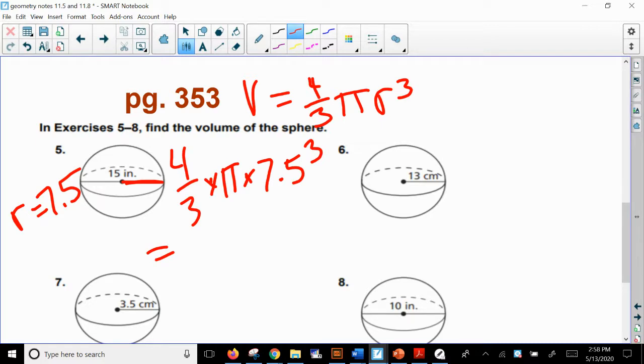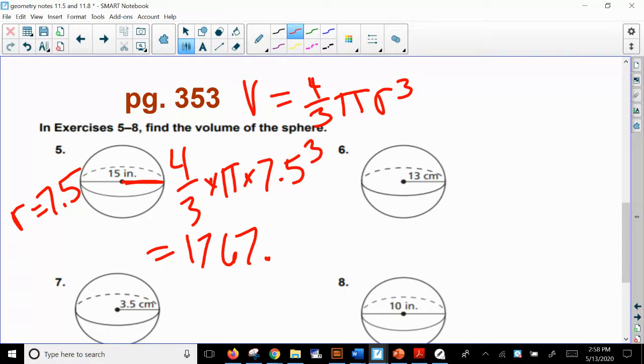I'm using the pi button. If you're using 3.14, your decimal is just going to be a little bit off from what I have, but no problem. 4 divided by 3 times pi times 7.5 raised to the third. And I got a big number: 1767.14 and some more decimals.